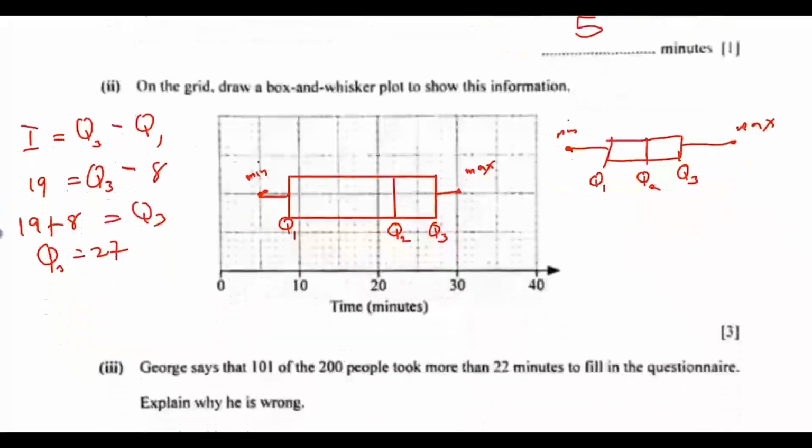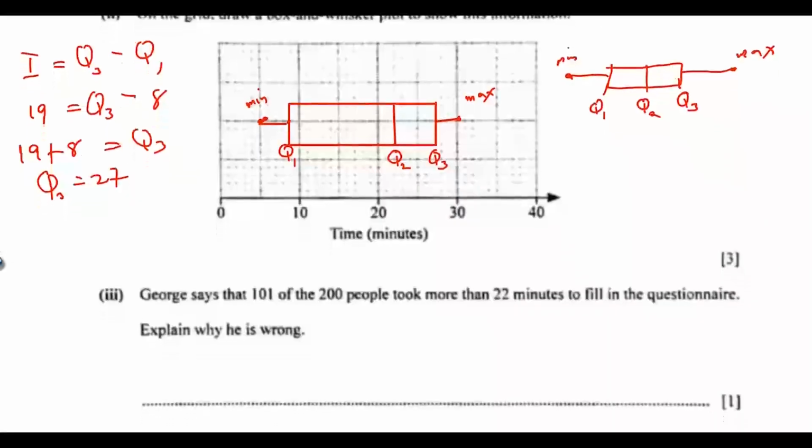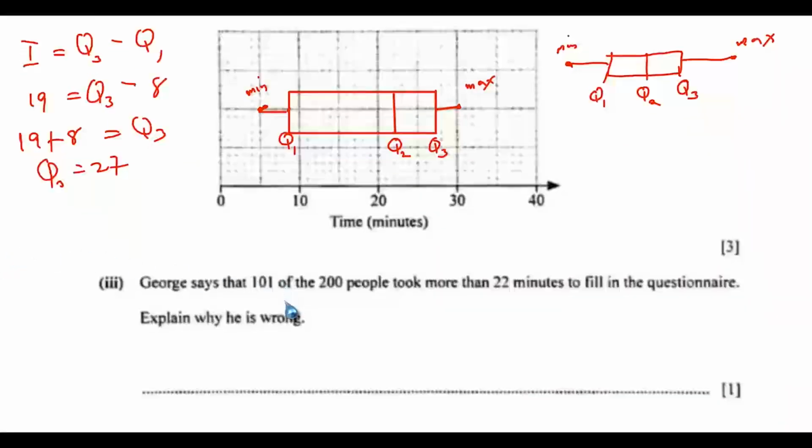So let's go to Roman figure 3. The judge says that 101 of the 200 people took more than 22 minutes to fill in the questionnaire. Explain why this is wrong. Okay, already the median is 22 minutes. So that implies that half of the population, that's the middle, already took 22 minutes or less.